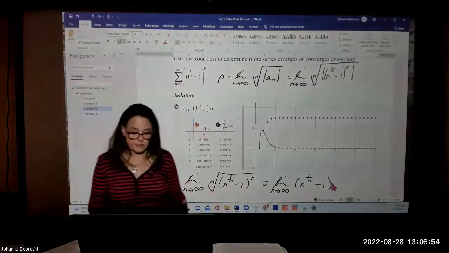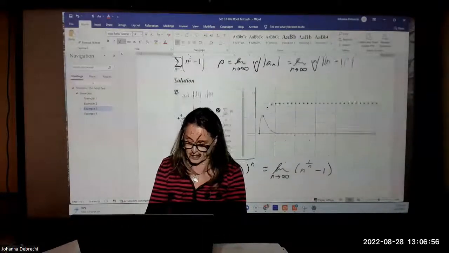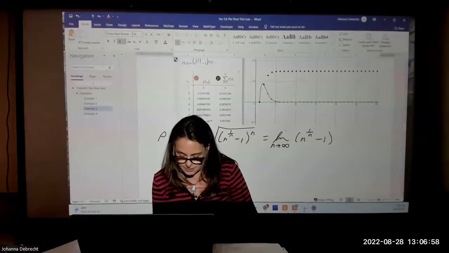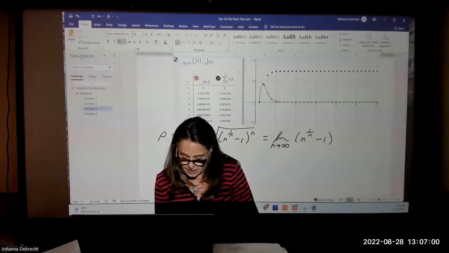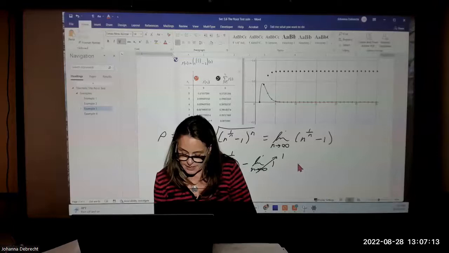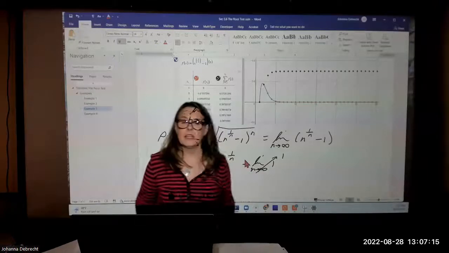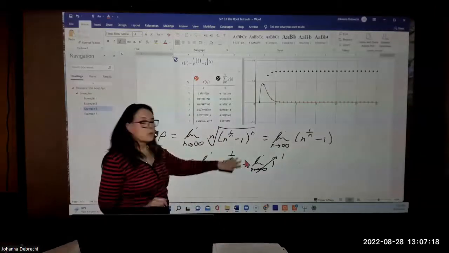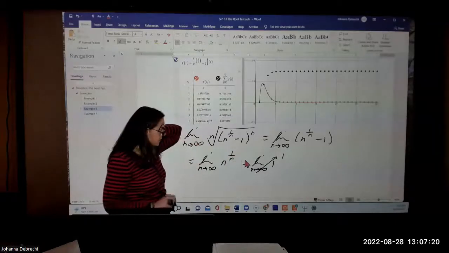So then I can take the difference of the limits. And when I take the difference of the limits, I have the limit as n goes to infinity of n to the 1 over n minus the limit as n goes to infinity of 1. So this just goes to 1. So in essence, I need to evaluate this first limit, n to the 1 over n. I need to figure out what that's going to.